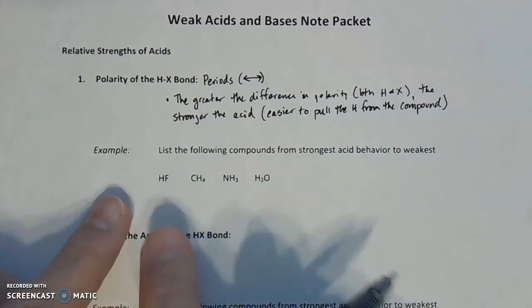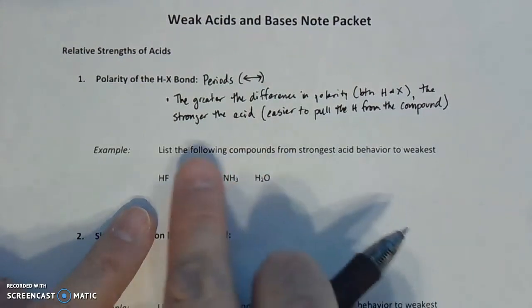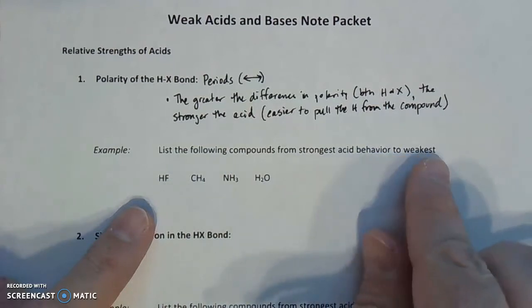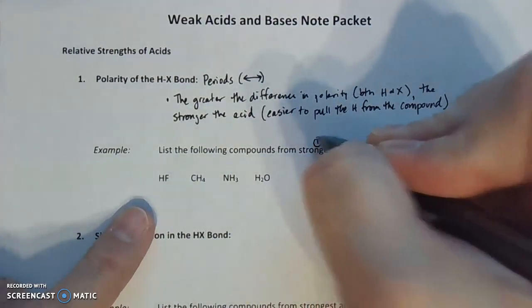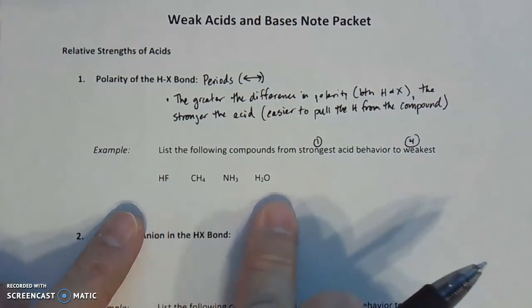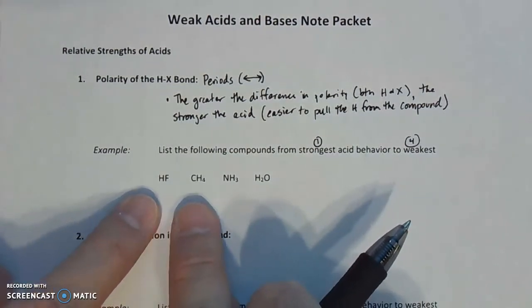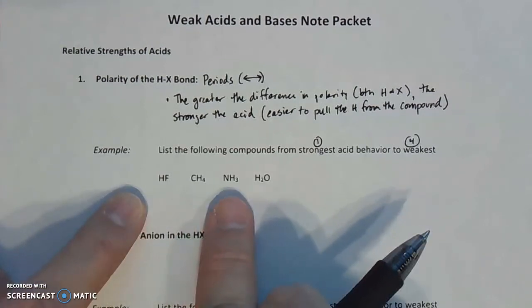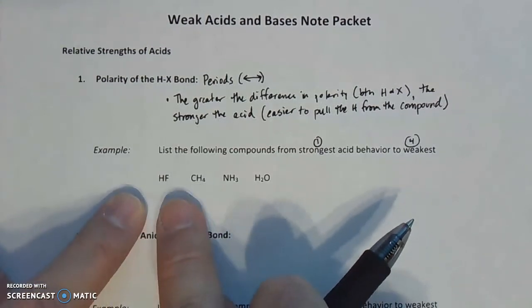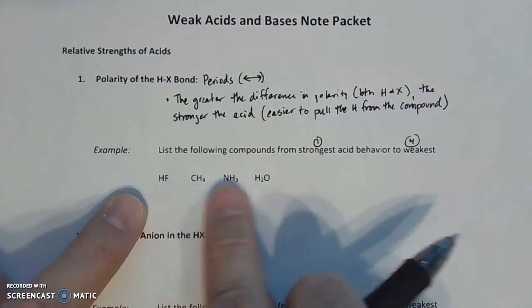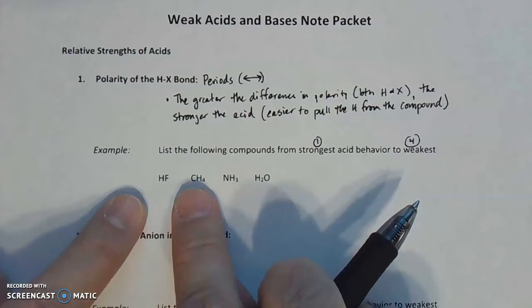So if we look at an example here, it says list the following compounds from strongest acid behavior to weakest. So strongest would be 1, weakest would be 4. And we look at these, they all have H's in them, and they're all bonded to another element. All those other elements are in the same period of the periodic table.